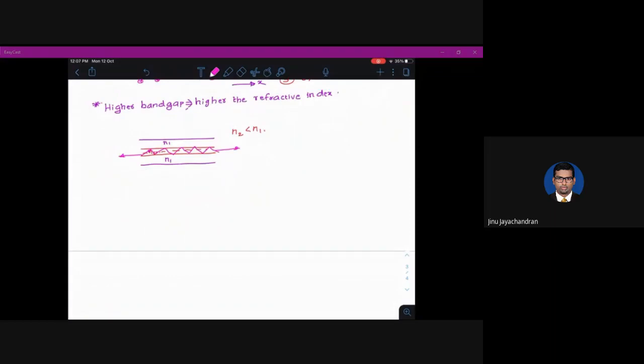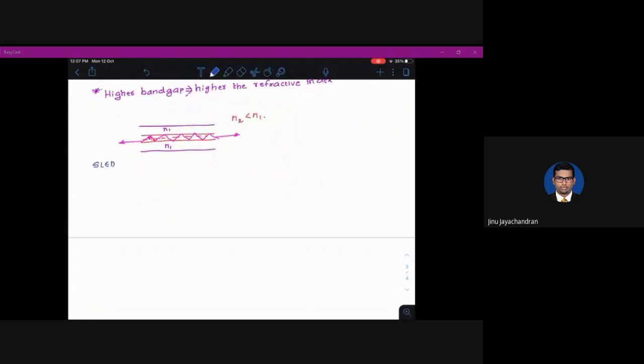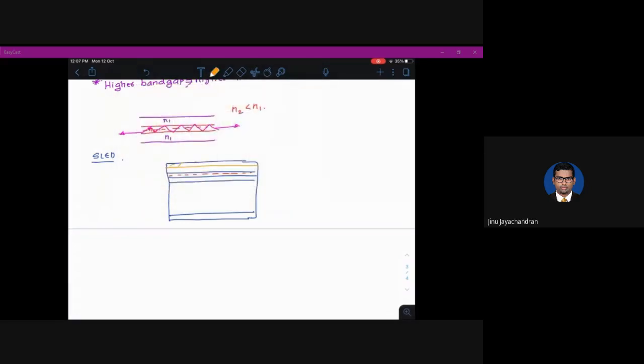And so the next type of LED is the SLED. I'll just draw the structure. In this structure, you have P, then an active layer, and finally there is a metal contact.